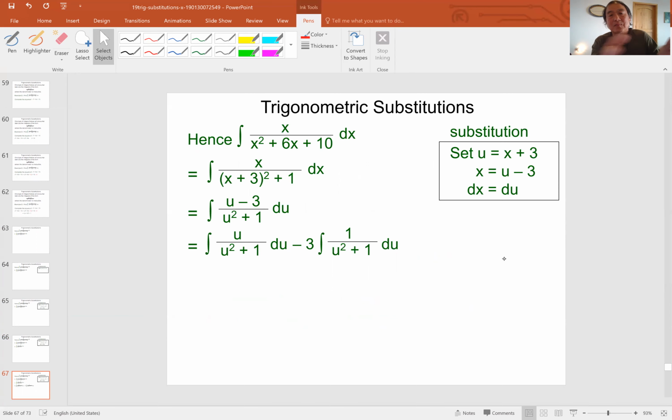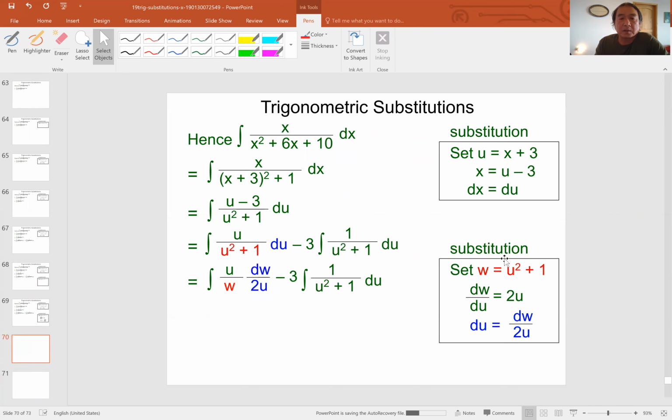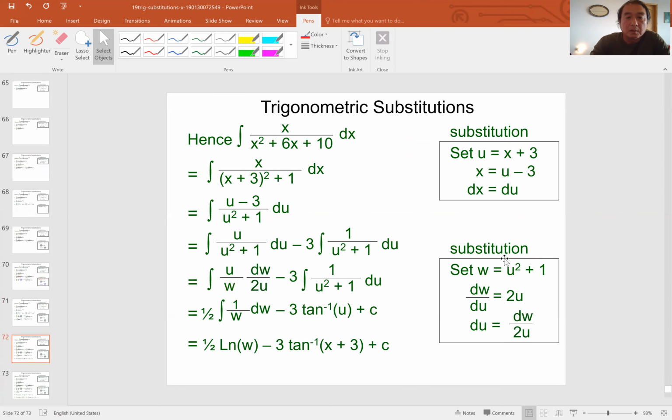Now it breaks into a nice denominator, u squared plus 1, matching the derivative of tangent inverse. And for the front part I can do a substitution, and basically it just comes out to be a log, since you go by the derivative. It's pretty straightforward.